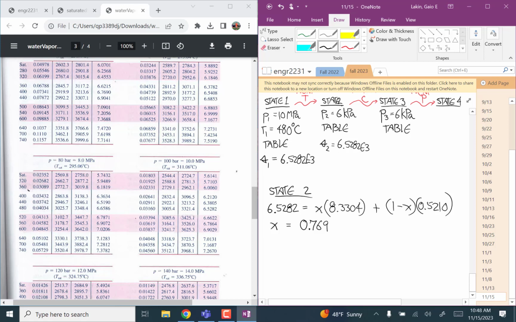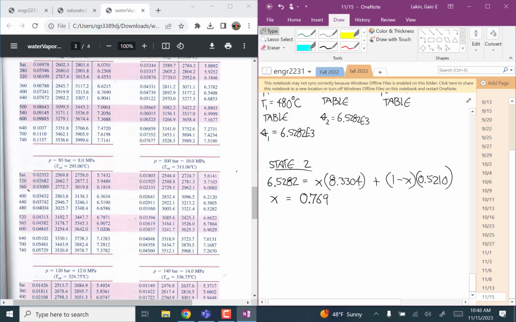So now that you have the quality, you can say that the enthalpy at state 2 is equal to 0.769 times 2567.4 plus 1 minus this, which is 0.231, times, what is it for the liquid? 151.53.